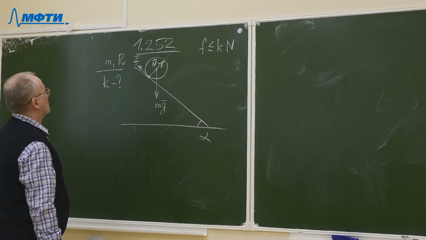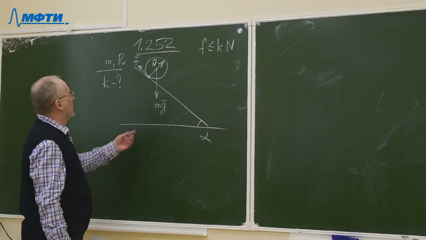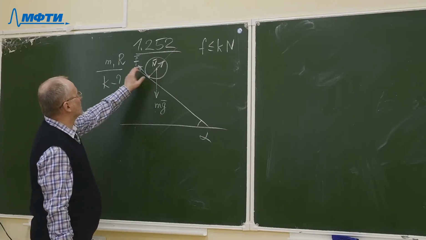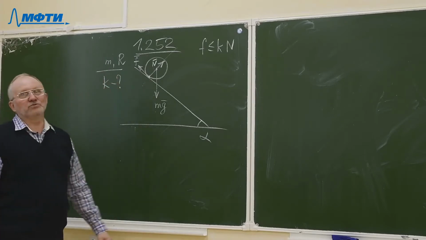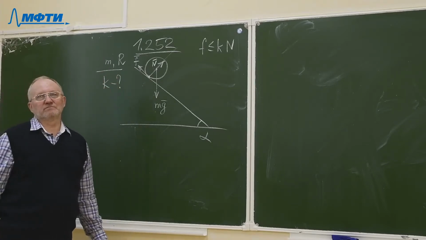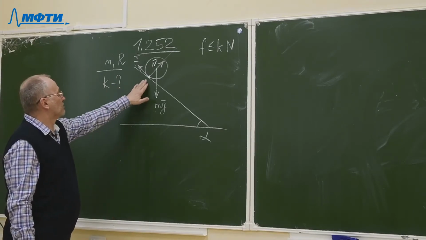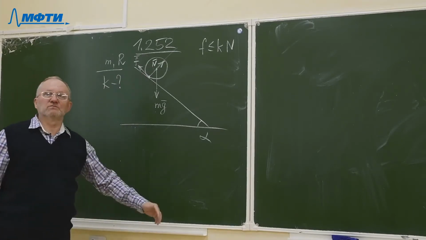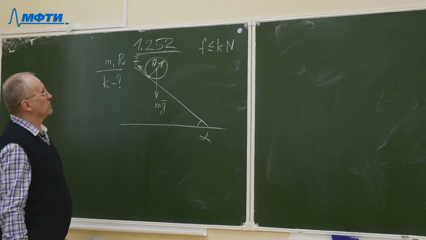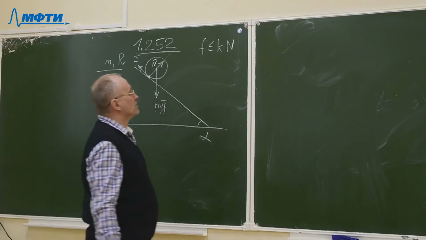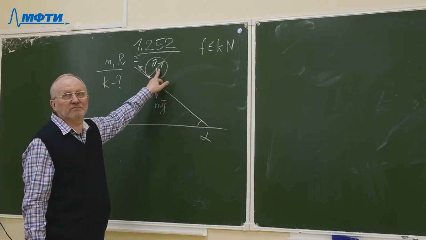So now, when we have indicated all the forces involved in this process, we can use the appropriate laws of physics which can be applied to this situation. Which laws of physics do we know for this particular situation? We know, for example, the law of motion of the center of mass of a solid body.